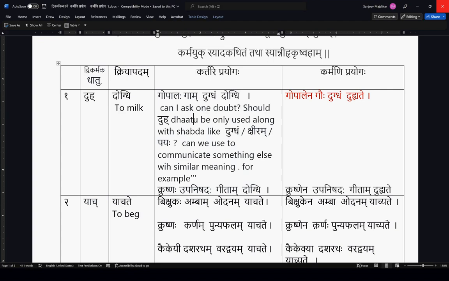That is not valid, because we have to see in the language how the prayogas are. Only those prayogas become valid, and only those vivakshas become valid. Not complete freedom.